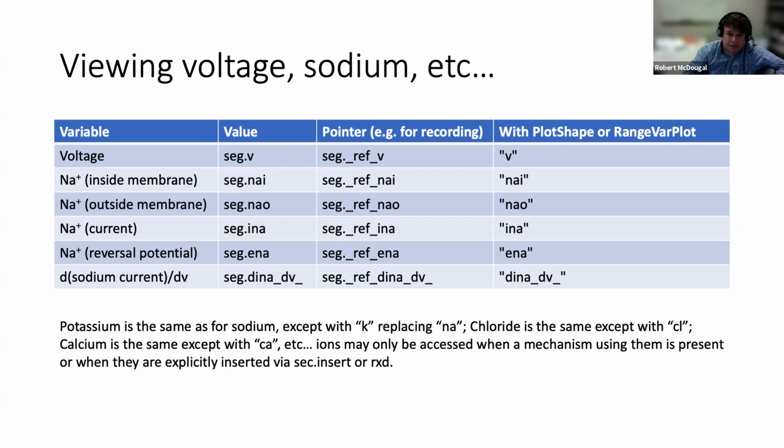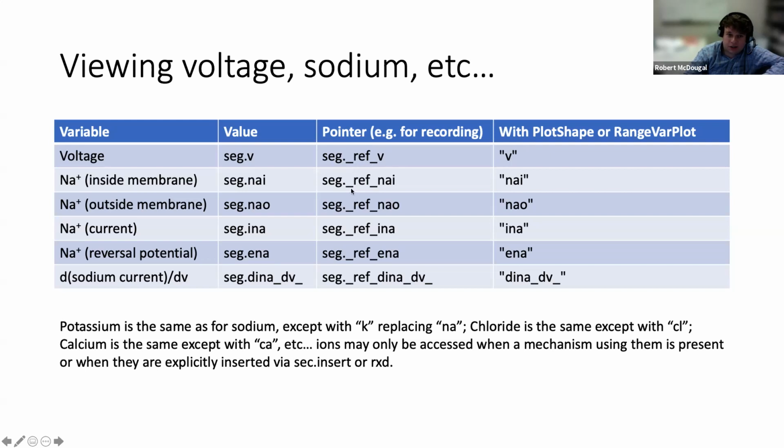So you can get lots and lots of different variables that you can plot and color code your plot shape with. You can record them using what's known as a pointer. The convention in Neuron is that if I have a property, seg.v is going to be a specific segment's voltage. But if I want a pointer, which is basically the concept of the voltage at that location, but that voltage is going to change over time, so I just want to refer to the voltage at a specific location, I'll say the segment's dot underbar ref underbar v.